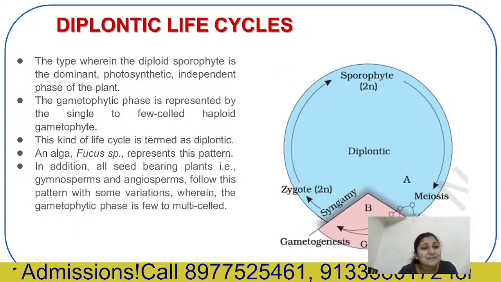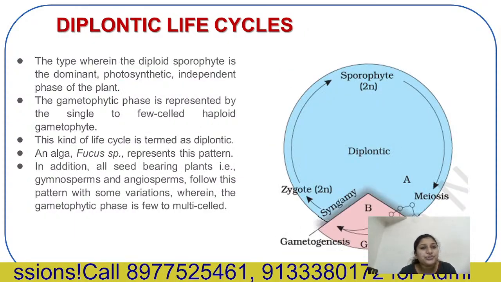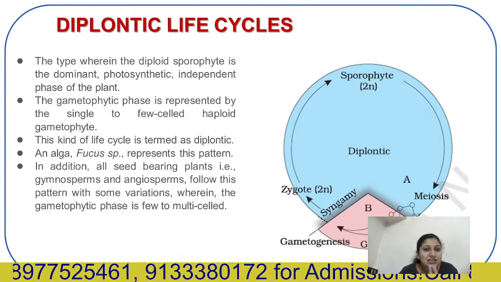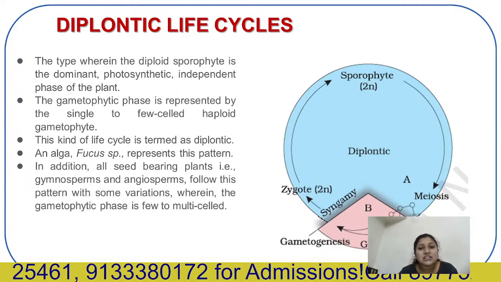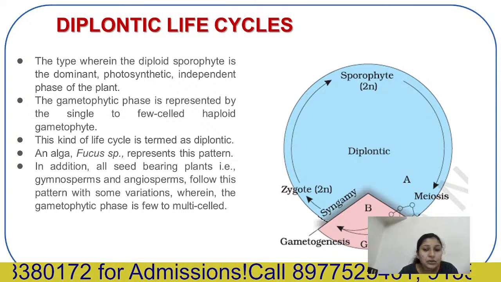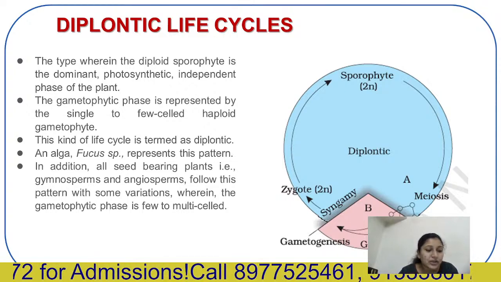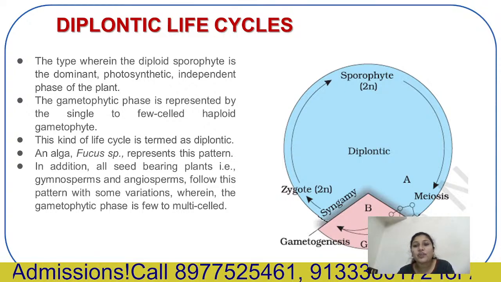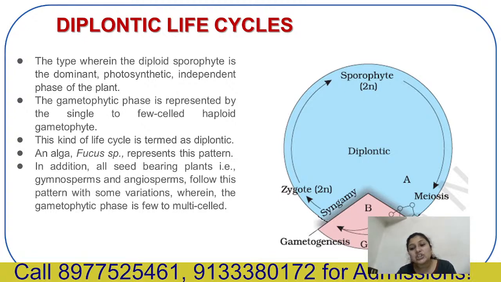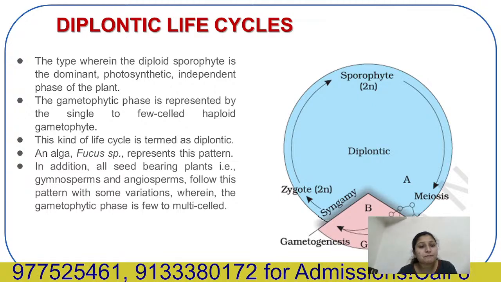Then the diplontic life cycle. Here you can see, this is of Pteridophyta. Pteridophytes have a dominant diploid phase. So here you can see the majority blue-colored portion, the majority of the life cycle they live as a sporophytic body in the diploid stage. The haploid stage is only till gamete formation.